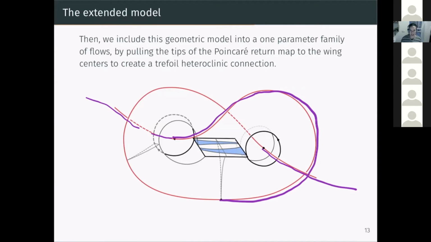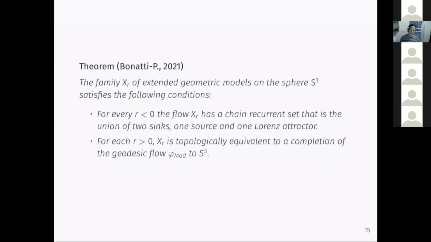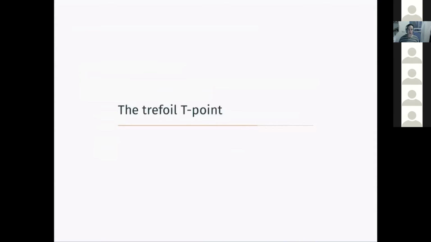Then I get a flow on the same space as the geodesic flow on the modular surface. And I claim that on that space, the flows are topologically equivalent. This is not hard to prove. It follows from this return map that crosses the rectangle from side to side. So it's very simple. Okay, now let me quickly go on to the actual equations.